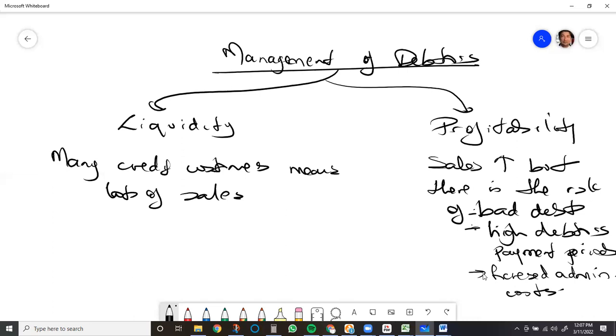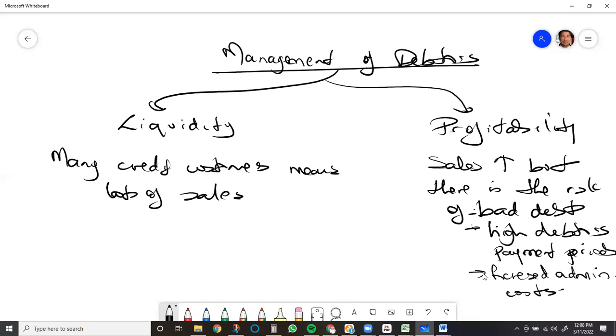But in most cases, companies have to live with it, especially if that's the norm in the industry. The only question is, how much credit are we willing to extend to our customers, and therefore, how many credit customers are we willing to tolerate? Now, I say tolerate because, as I mentioned earlier, a company left up to its own would probably prefer not to have any. But it says, you know what, we need to live with it.